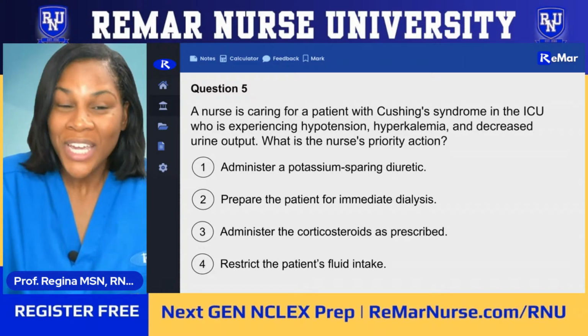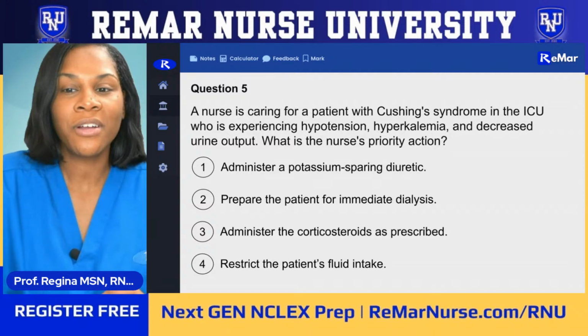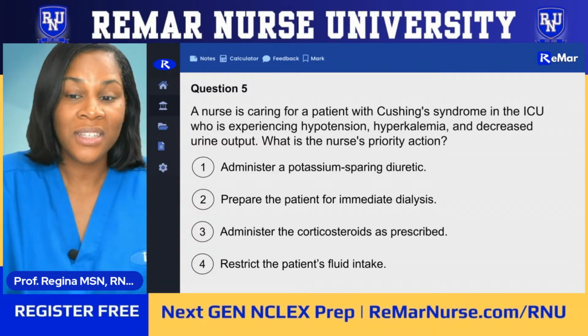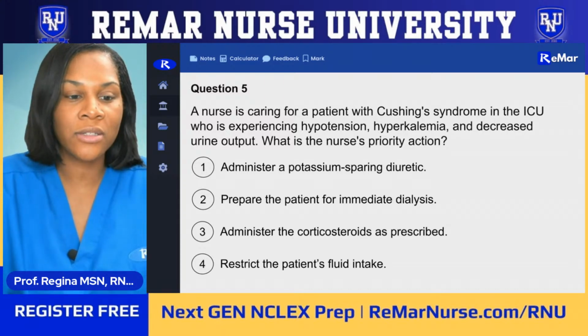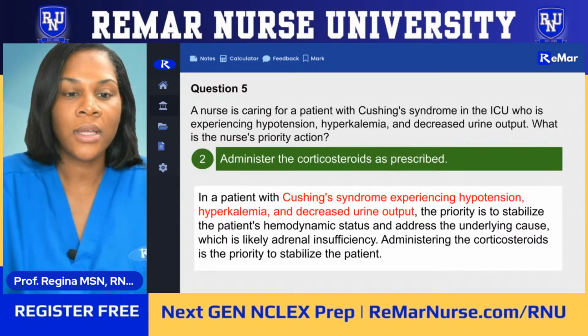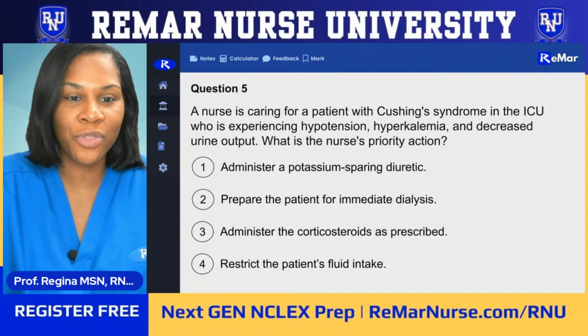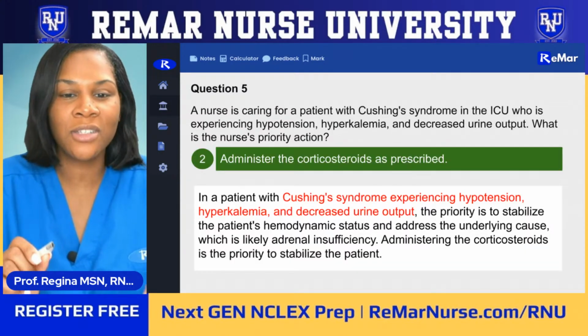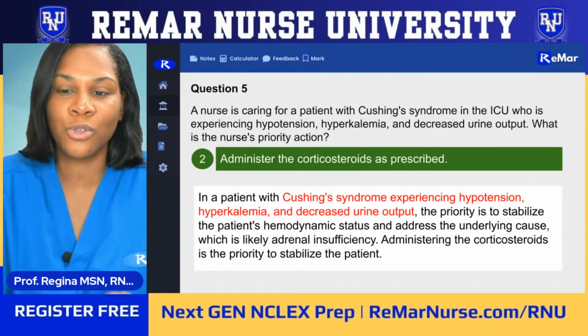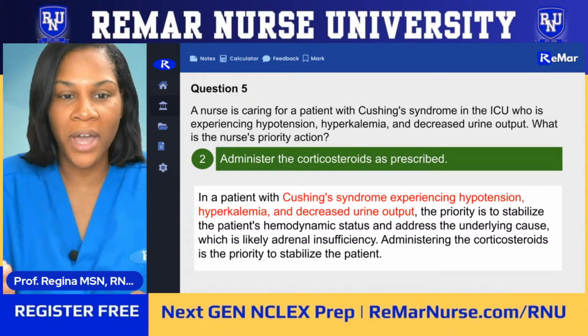You have to read. When you're taking NCLEX, you have to slow down and read, because some of you are picking the wrong answer just because you're not reading it. I can tell already. Let me give you the right answer. The right answer here is number 3, which is administer the corticosteroids as prescribed. That's the right answer.